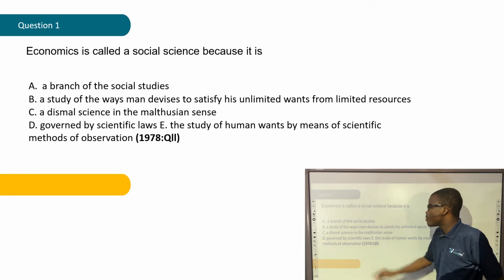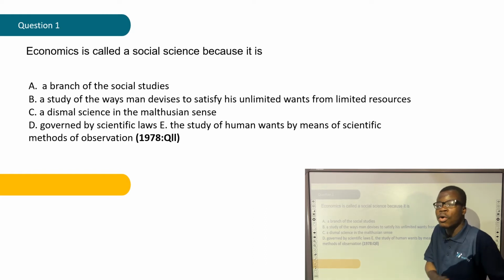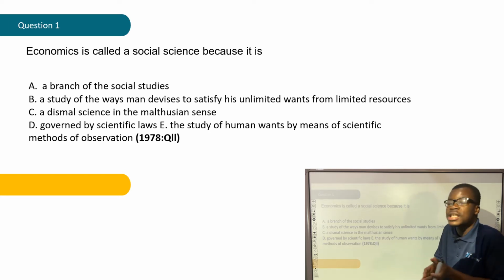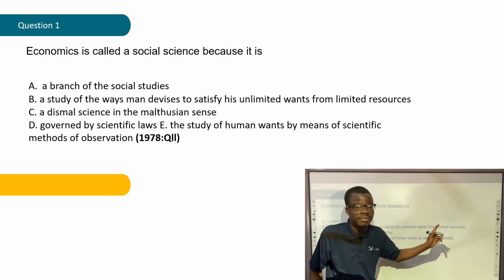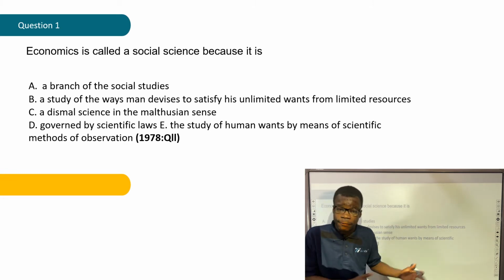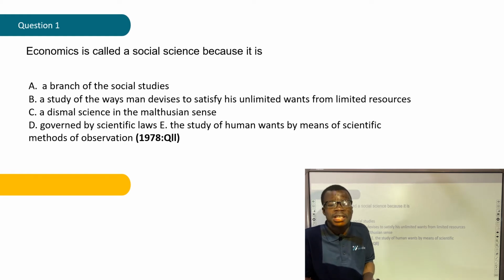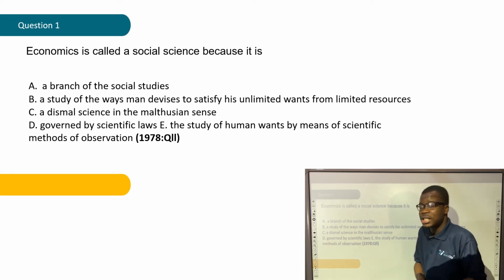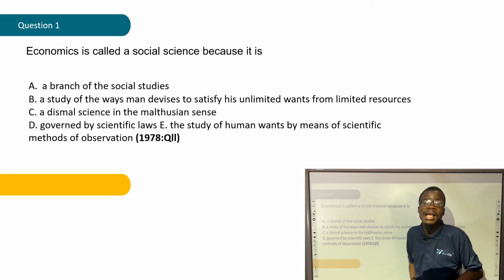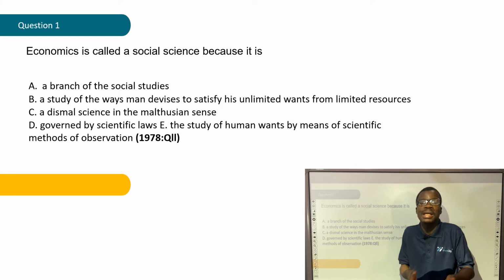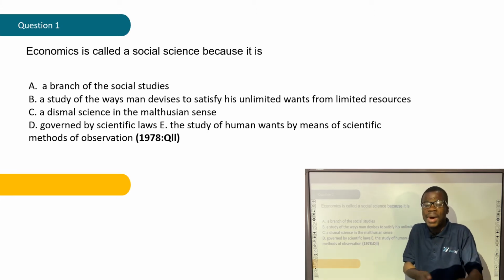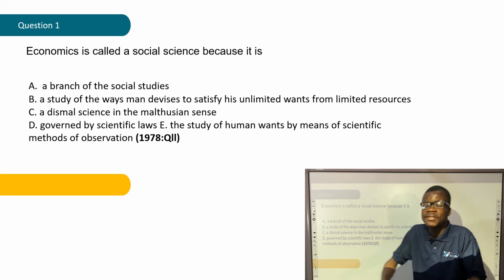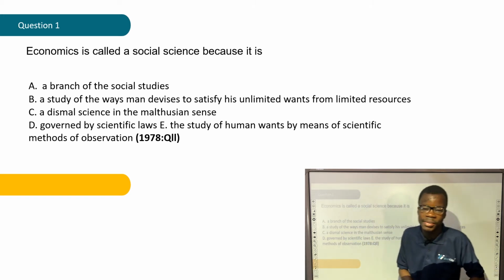Option B says, because economics is a study of the ways a man devises to satisfy his unlimited wants from limited resources. The first one says, because it is a branch of social study, while the next option says that economics is a way in which man devises to satisfy his unlimited wants from his limited resources.